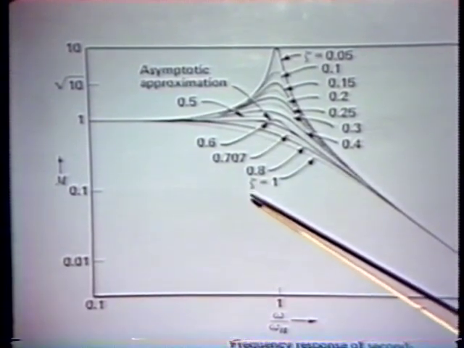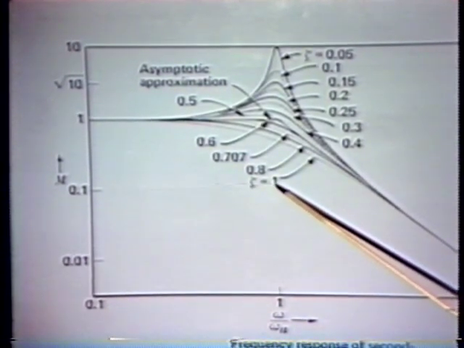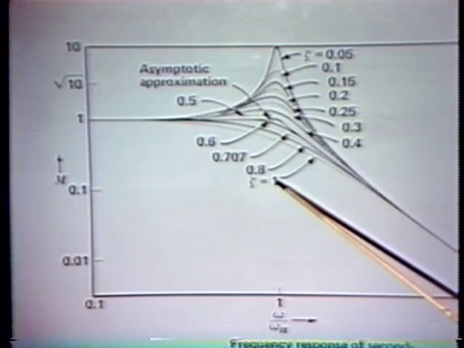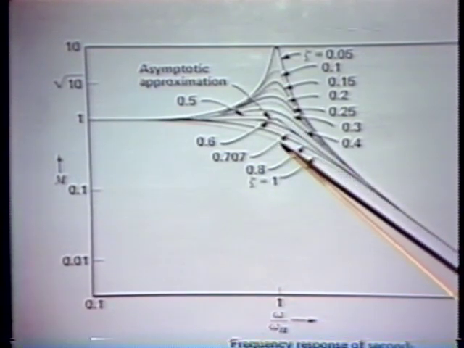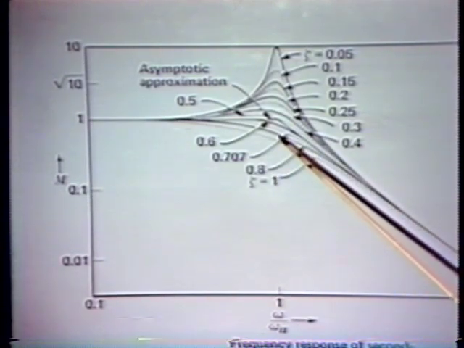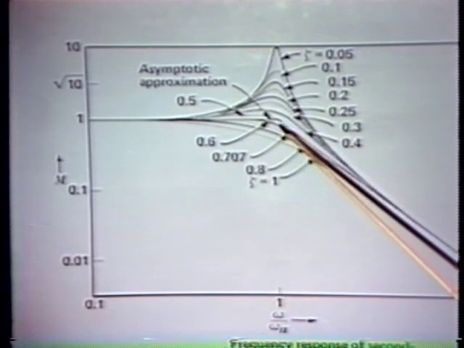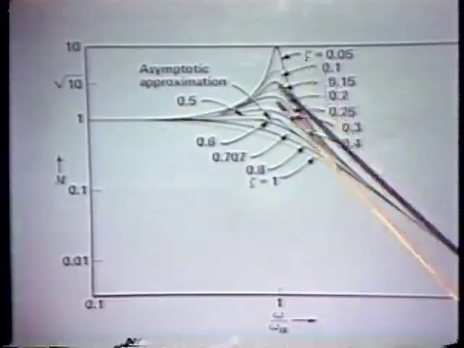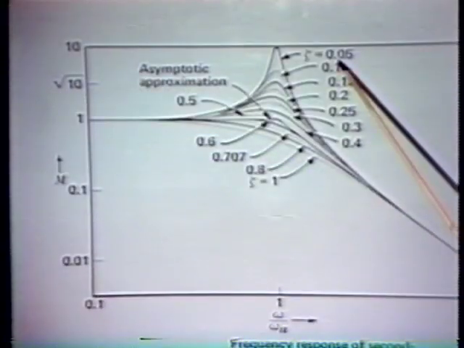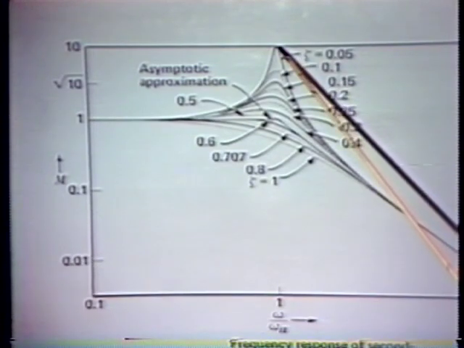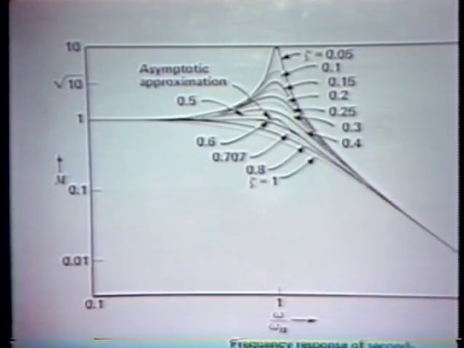For example, a damping ratio of 1 corresponds to 2 coincident real axis poles. The magnitude is simply 1/2 at the corner frequency. As we go to progressively smaller values of damping ratio, however, the magnitude at the corner frequency becomes 1 over twice the damping ratio. For example, for a damping ratio of 0.05, the magnitude is 10 at the corner frequency.